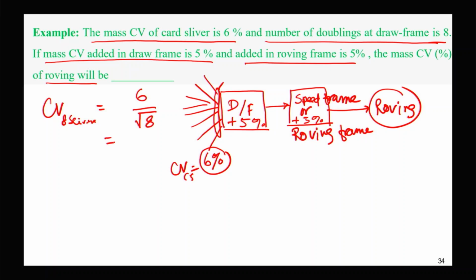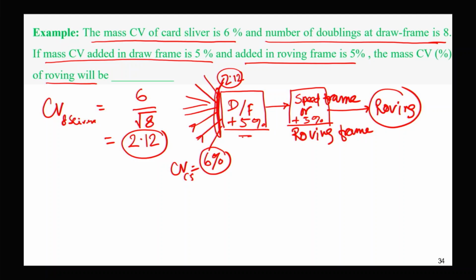So 6 divided by under root 8 will be the value 2.12. The CV of the individual is 6, and the mass of 8 slivers has a CV of 2.12.